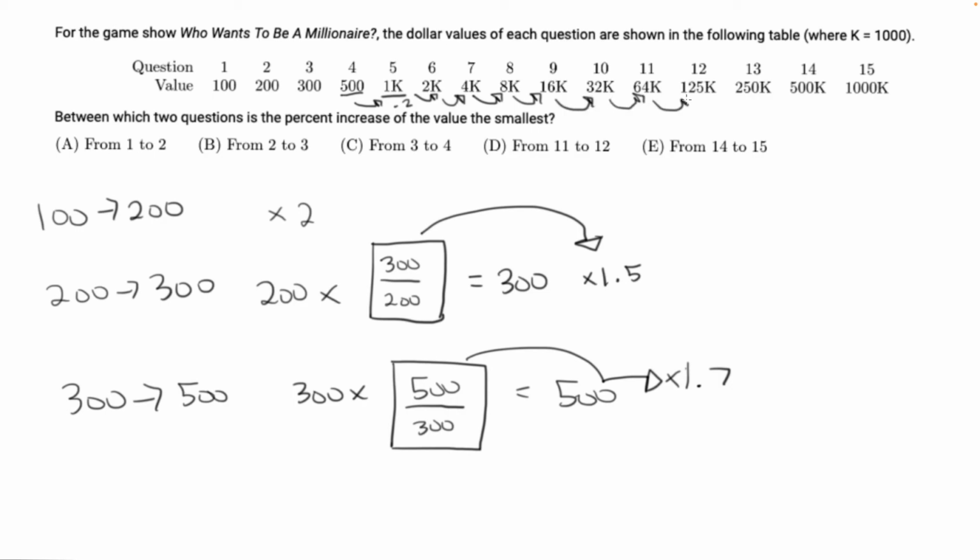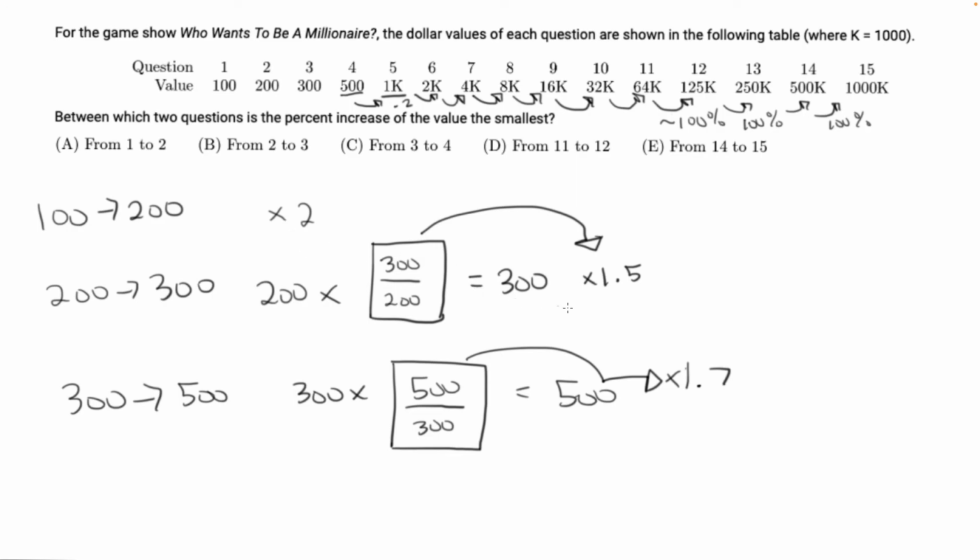And when we get to 64,000 to 125,000, double of 64 is 128, so it's going to be approximately 100%, and then it maintains 100% for the rest of the way. So we didn't need to calculate that, since we can assume it's 2 times.